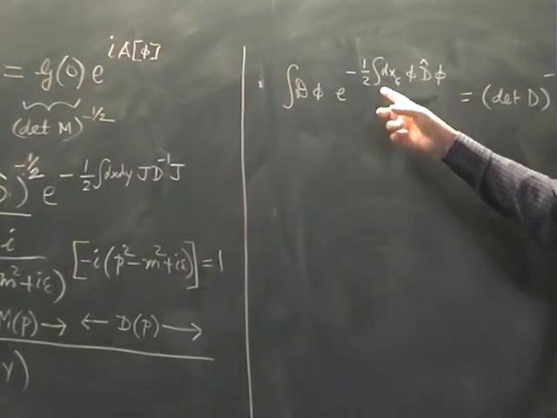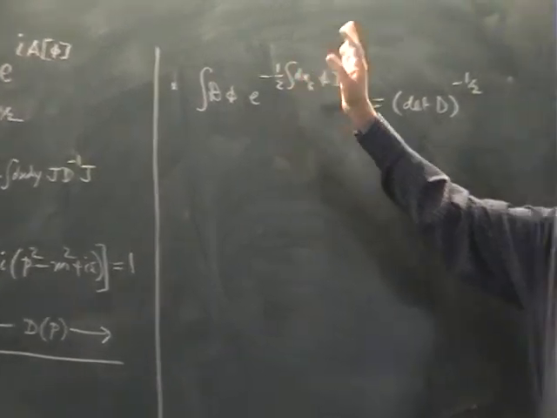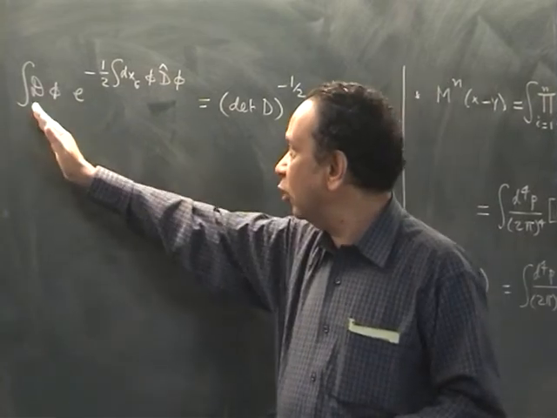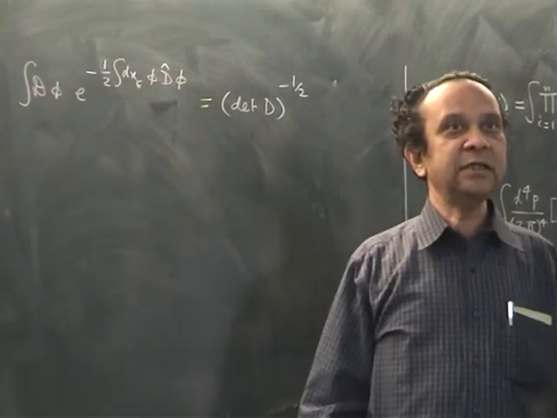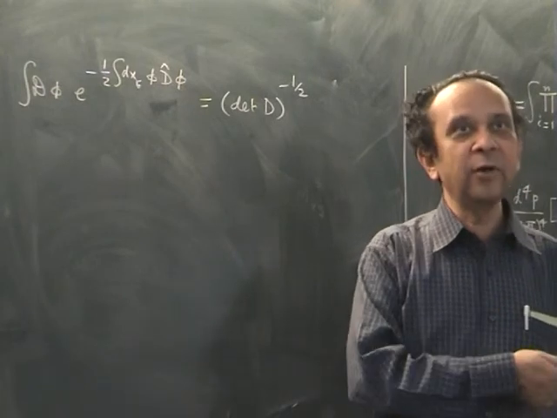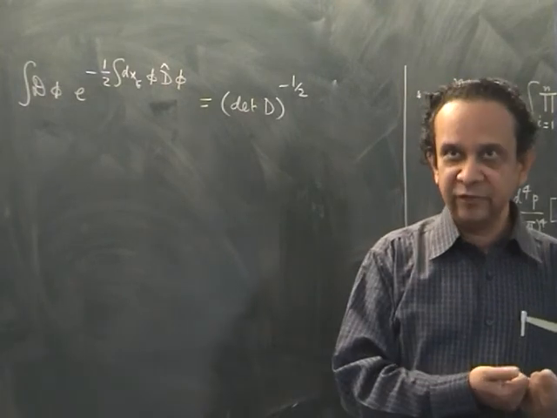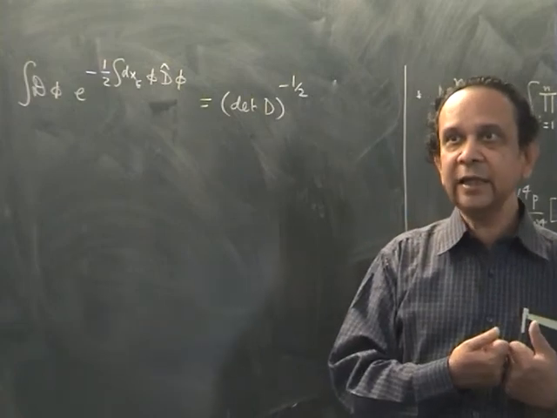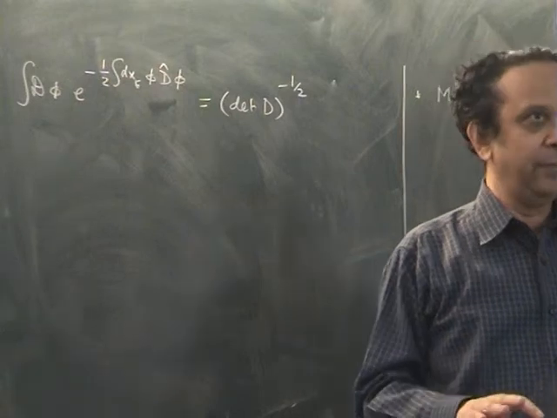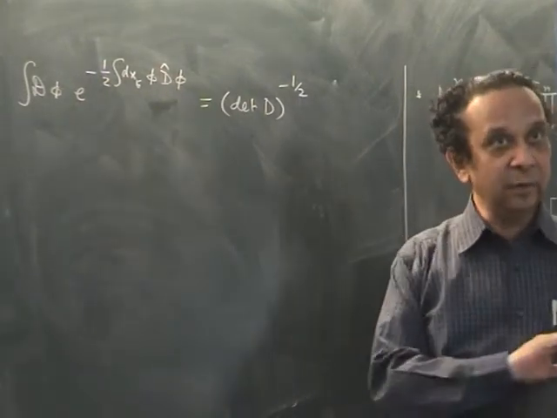So this e to the minus action, we think of in terms of a probability distribution. Then if I sum over all phi, that is like a partition function. Because when you have e to the minus beta E_i and you sum over all i, that is what you call the partition function. In most field theory lectures with Euclidean action, they will just call it the partition function of the field theory. What I mean is, this is what is being computed.